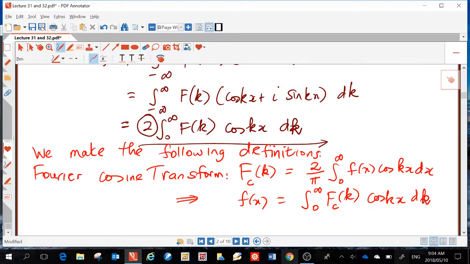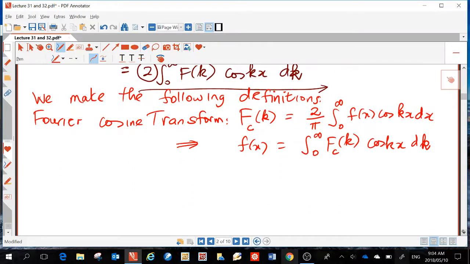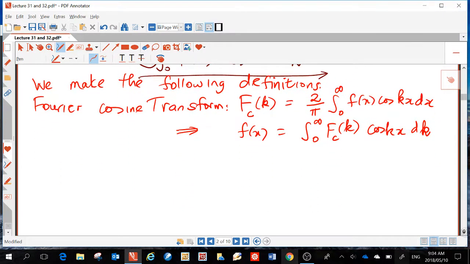We define it in such a way that 2 over pi appears here. So for f of x, there's nothing in front. It is analogous to the Fourier series. For the sine and cosine, you have 2 over L. So that's the same kind of behavior that we have here, except that the sigma now is an integral. And for completeness, let me just write down the Fourier sine transform.